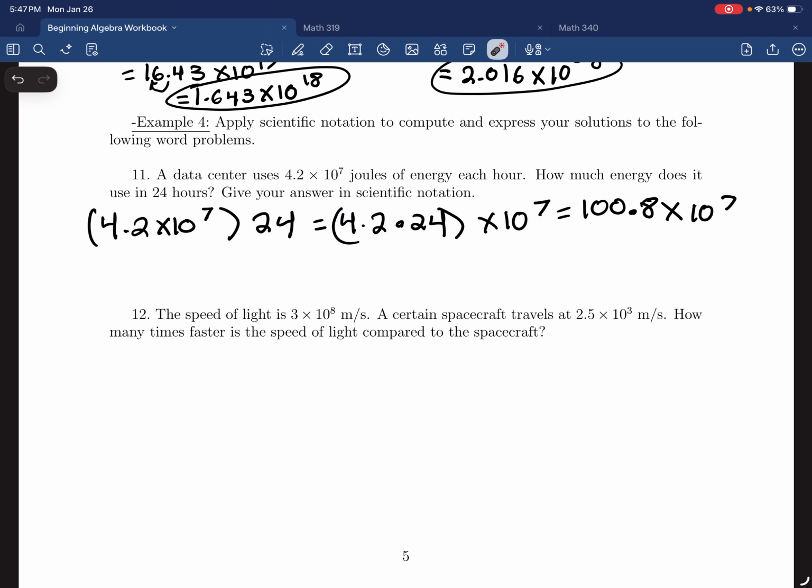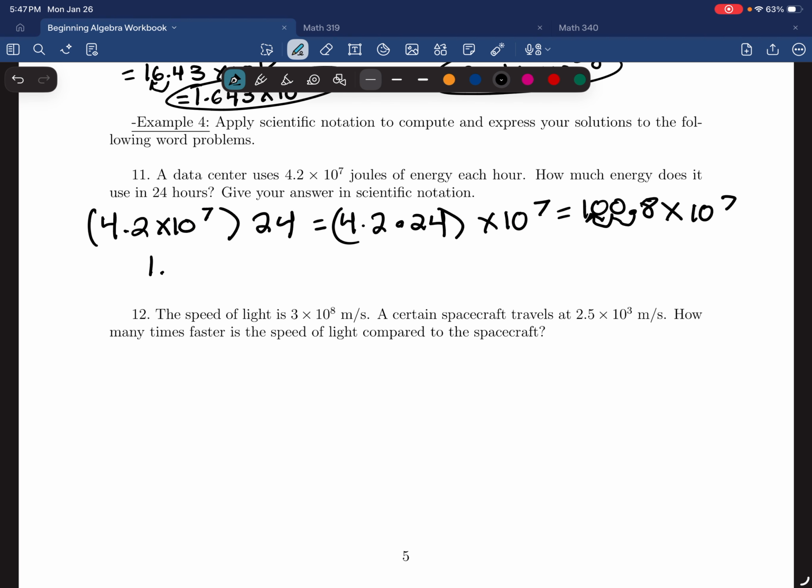So we're going to need to move that decimal place to the left 2 places, 1, 2. So we're going to get 1.008 times 10 to the 9th power. So our final answer is 1.008 times 10 to the 9th power. And we're going to need to label what our units are. So this is joules. And if you want, you can say per 24 hours.